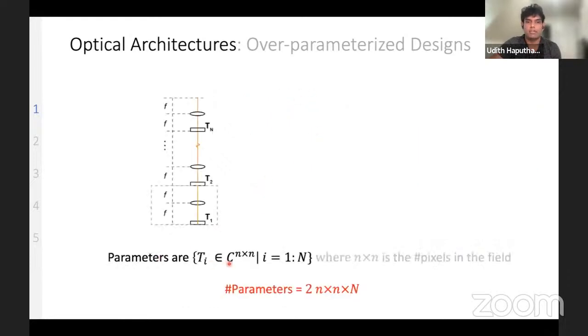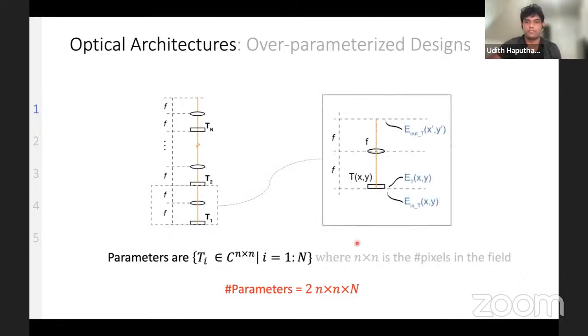And this has a number of parameters of 2 times n squared times capital N, where capital N is the number of filters and small n is the number of pixels we consider in a field. Particularly, this filter is basically the phase distribution we talked about in the previous lens example, or we can learn both phase and also the amplitude as well.